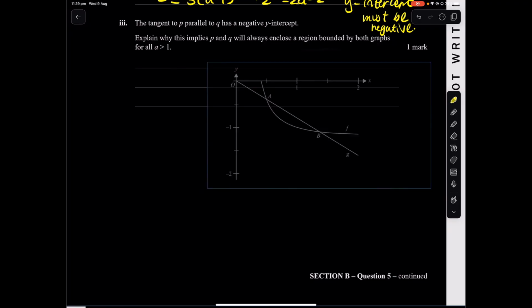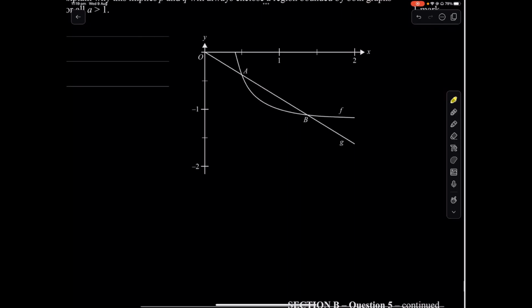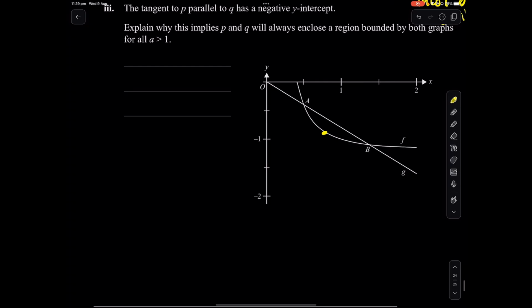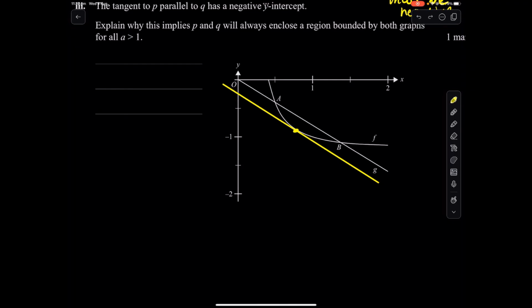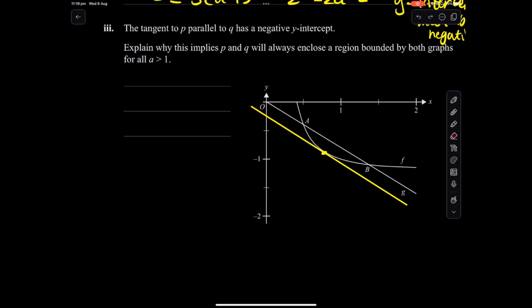So looking at this, what can we see? Let's say this is M, right over here. And it's like a tangent to it. So we can see it's a negative. So if it was not negative, think of it like this.